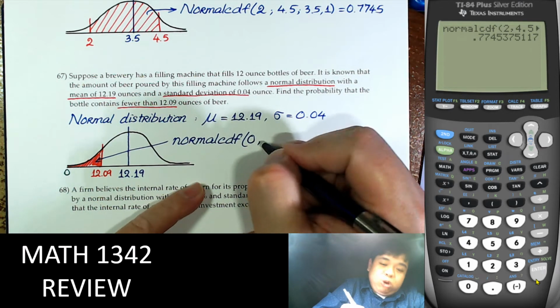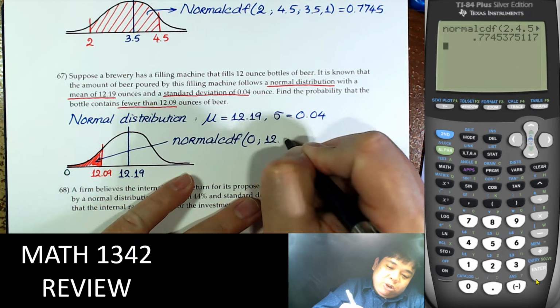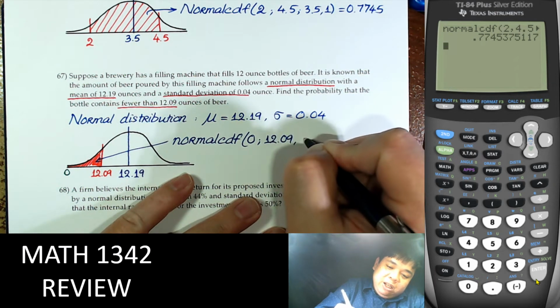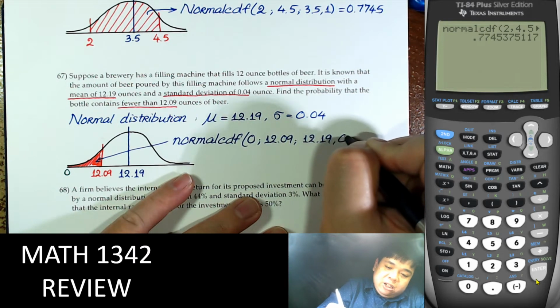Of course, we could put a negative number as well. Go up to 12.09, the mean, standard deviation.